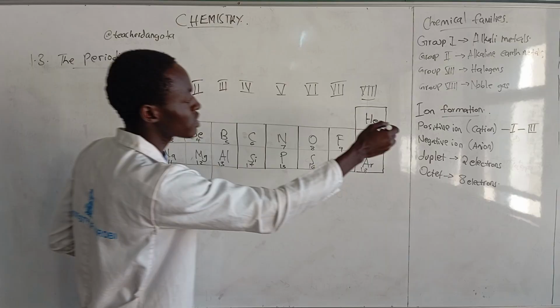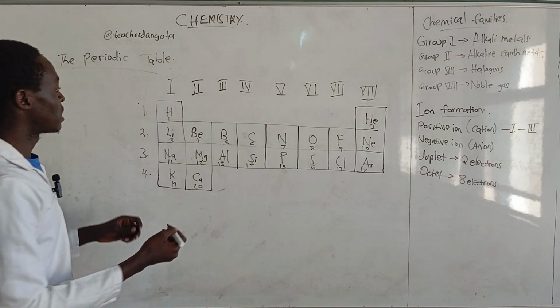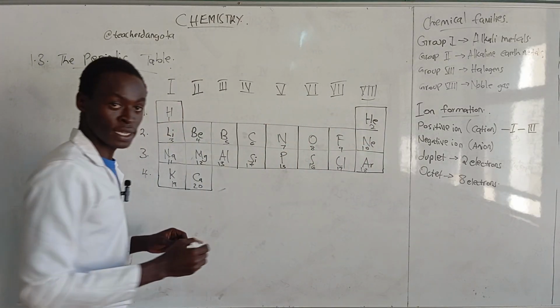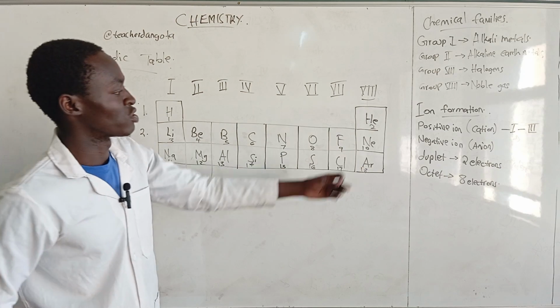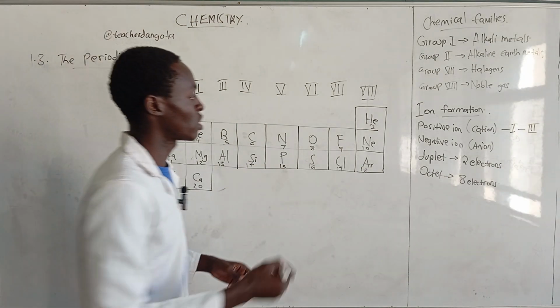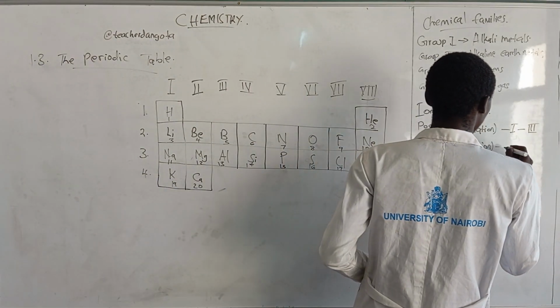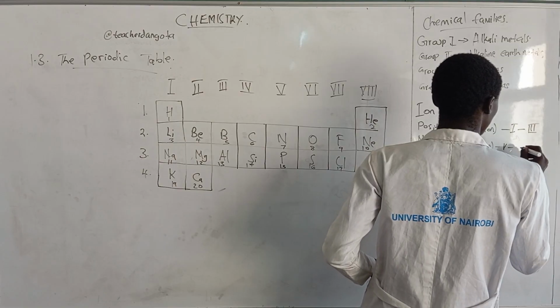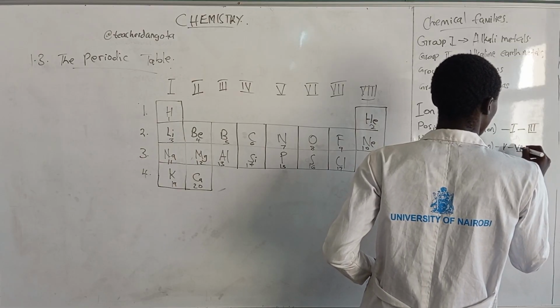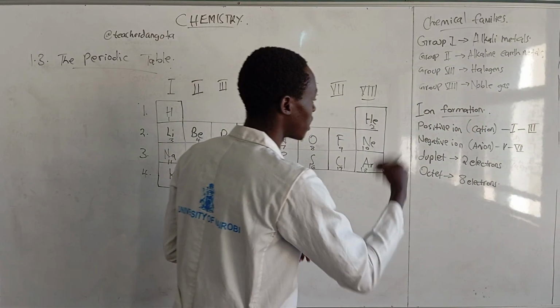So cations are the metals in group 1 to group 3. The anions, which are the negatively charged ions, are all the way from group 5 to group 7.